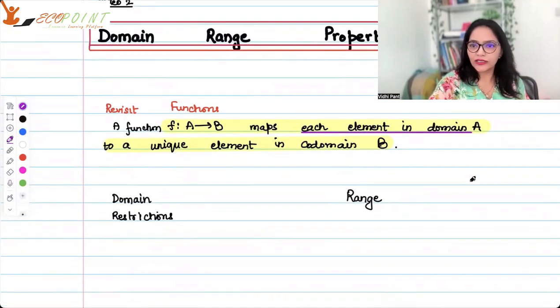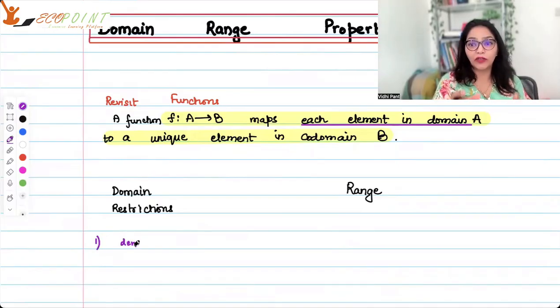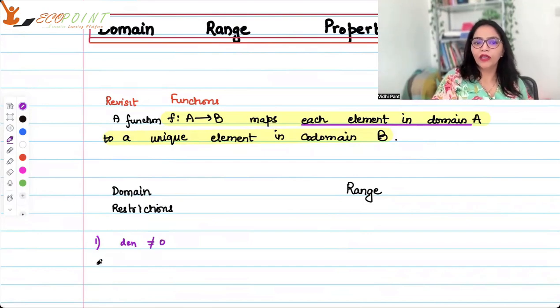So restrictions like, for example, if you have a function wherein you have a denominator, your denominator cannot be equal to 0. If say you have a square root function or an even root function, whatever is inside the root has to be positive.